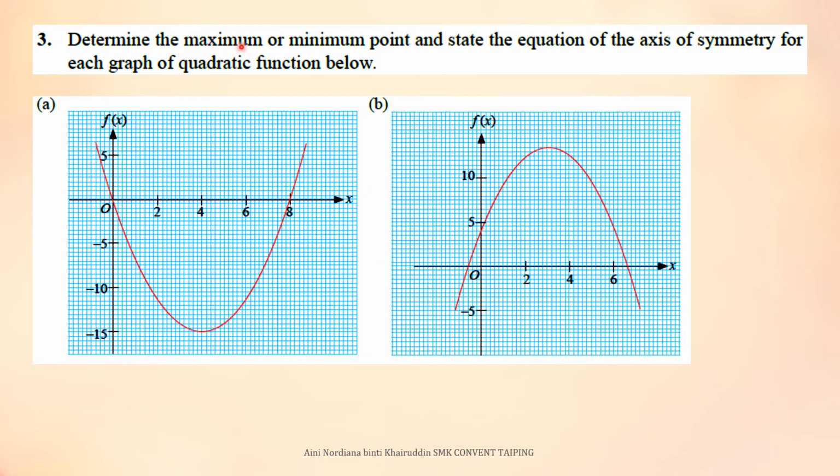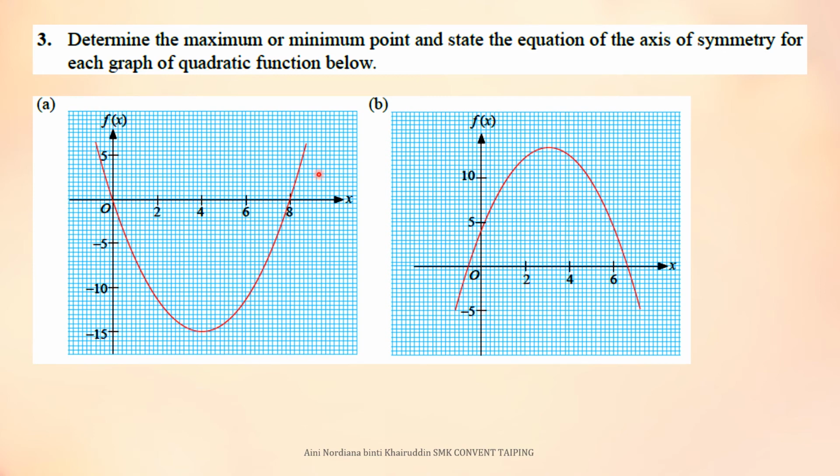Determine the maximum or minimum point and state the equation of the axis of symmetry for each graph of a quadratic function below. So how to determine the minimum or maximum point?